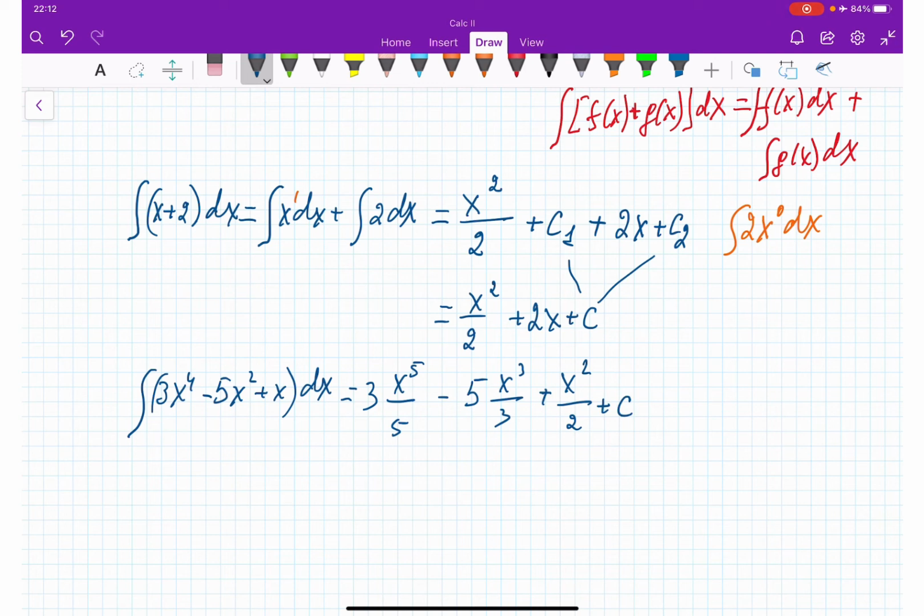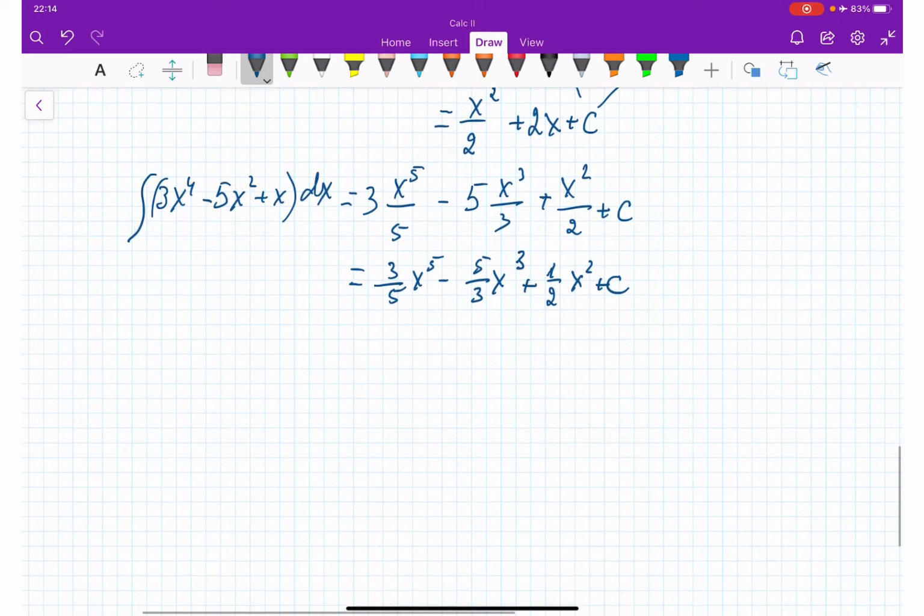So as a result, we are going to get 3 over 5 x to the 5 minus 5 over 3 x cubed and plus 1/2 of x squared and plus c.